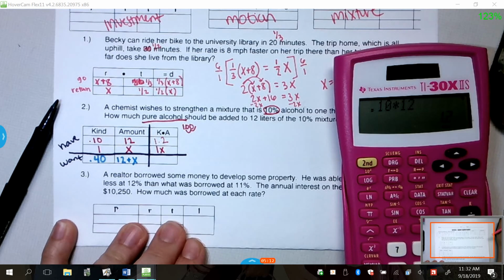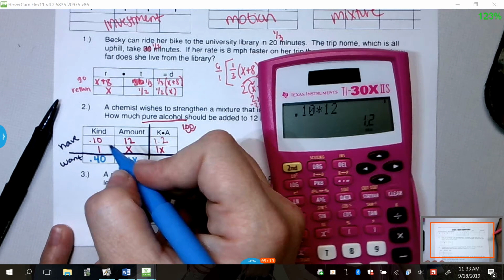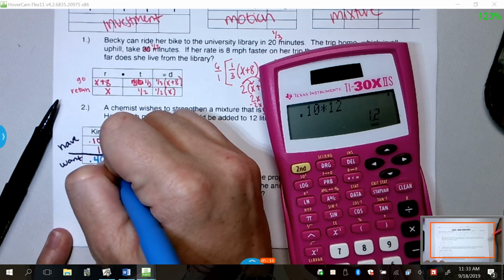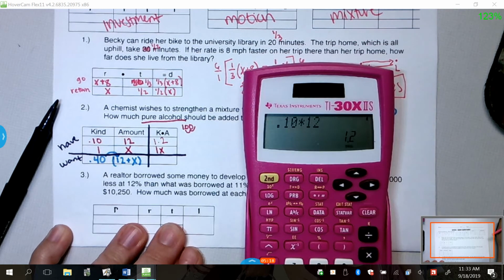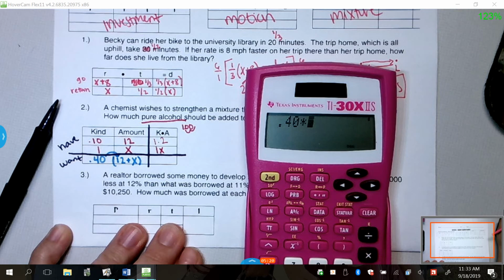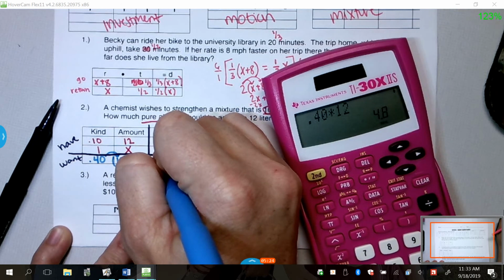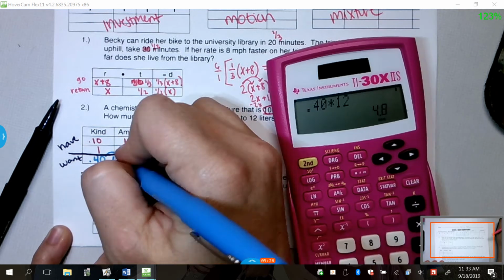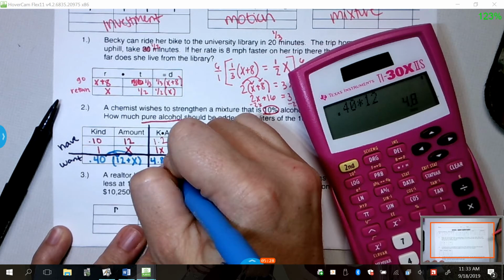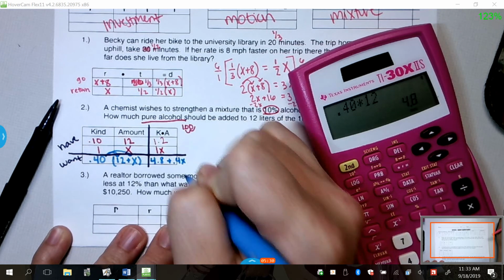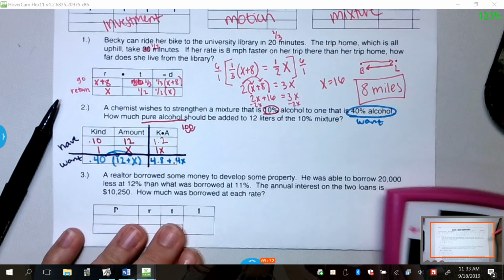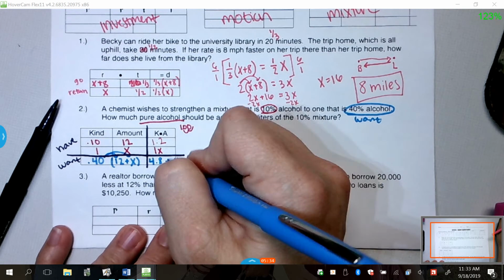And then we have 0.4, so this is when we distribute. So 0.4 times 12 is 4.8. Okay, and then 0.4 times x is just 0.4x. Okay, so knowing that mixture means we're combining.